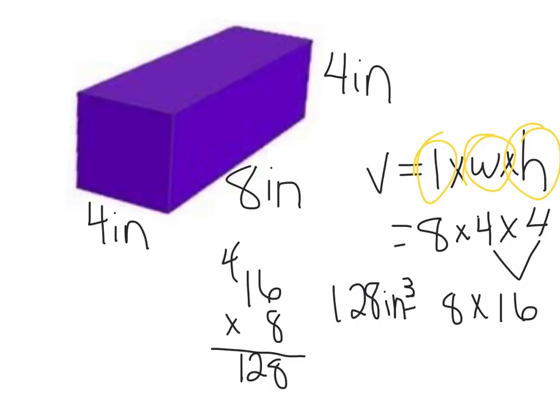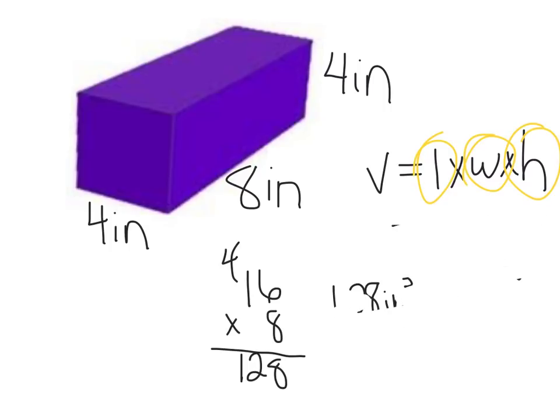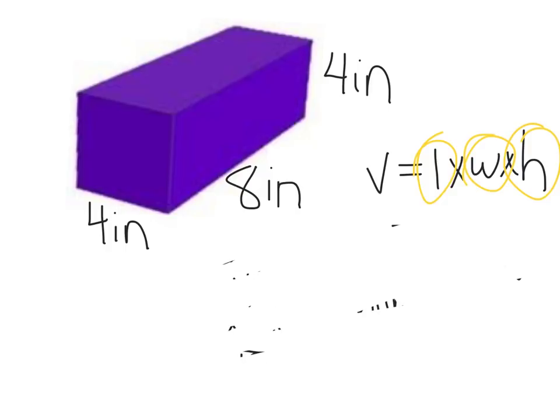We could also, remember what I said before, we could put the numbers in any order and we should get the same exact answer. So let's try, say someone looks at this and sees, oh, length times width times height. Maybe the length is 4, the width is 4, and the height is 8.